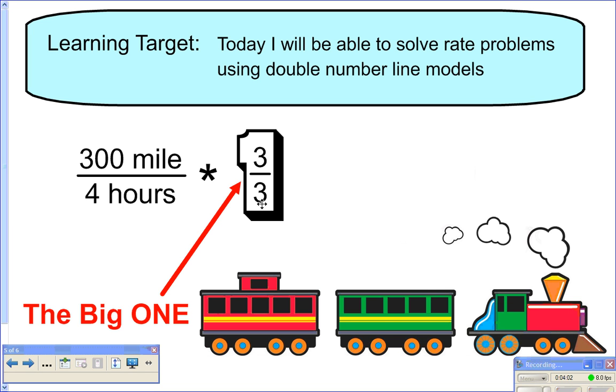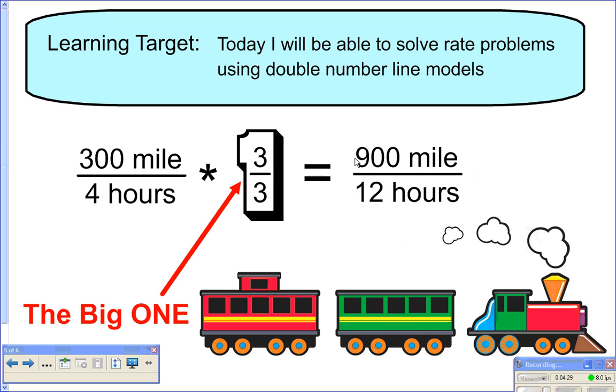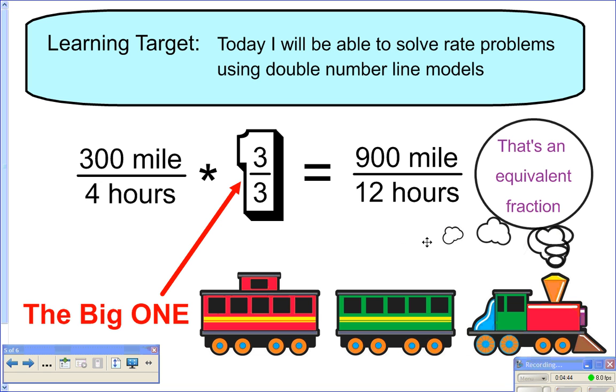Why are we multiplying by 3 over 3? Because in this case, we wanted to find out how far the train would travel in 12 hours. We would have to multiply 4 hours by 3 to get a denominator of 12 hours. If we multiply the numerator by the same number, all we're doing is finding an equivalent ratio. This ratio of 300 to 4 is the same ratio as 900 to 12. 300 times 3 is 900. 4 times 3 is 12. We know that's an equivalent ratio.